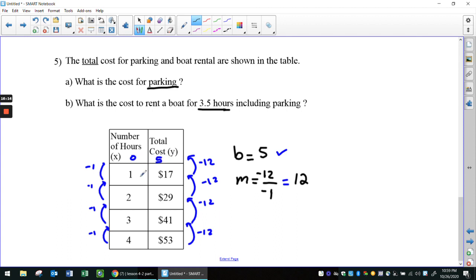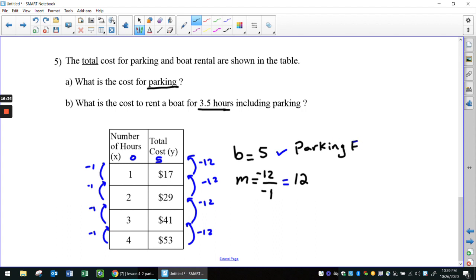You have not paid for any hours, like you haven't been there for any amount of time, which means that you're paying $5 for parking. So this is a parking fee.